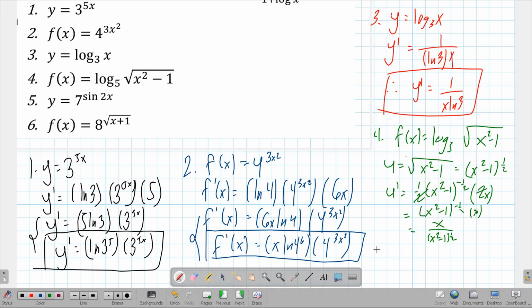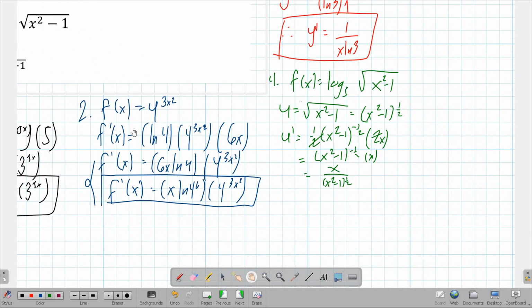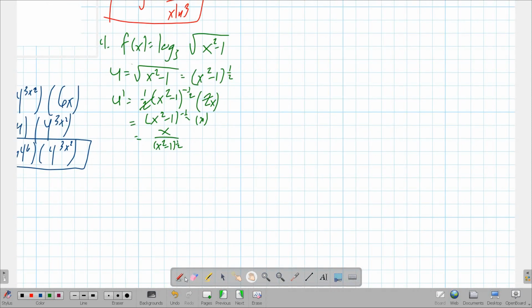So applying now our rule, f prime of x now becomes u prime, which is x over the square root of x squared minus 1, all over ln of the base, which is 5, times u, which is just x squared minus 1 raised to 1 half.